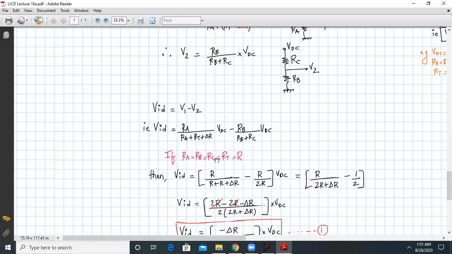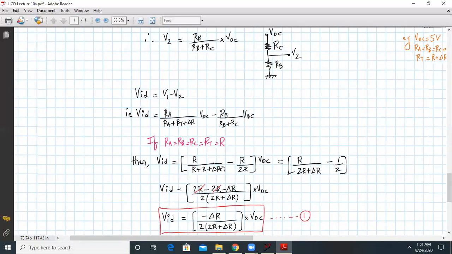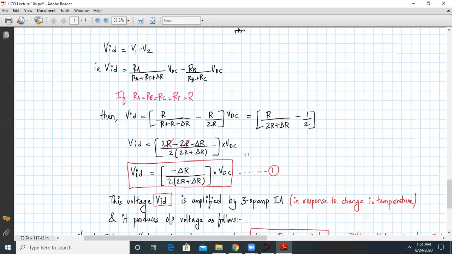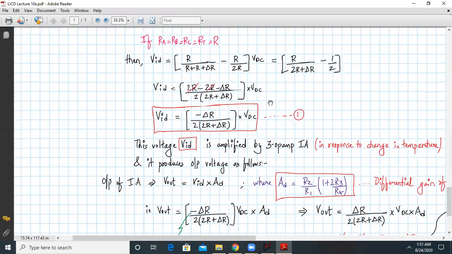Let us consider RA, RB, RC and RT equal to R. We put these values and club them together. Here we have R upon 2R plus delta R minus half. Cross multiplying, 2R gets cancelled out. Finally, we get expression number 1, inside the red box: VID will be equal to minus delta R upon twice 2R plus delta R into VDC.